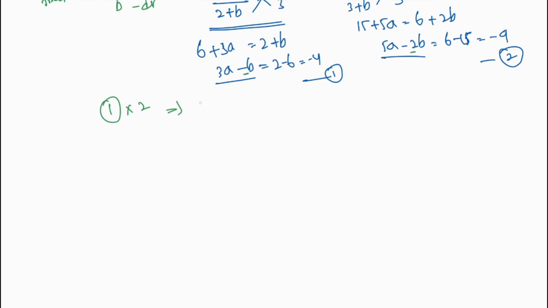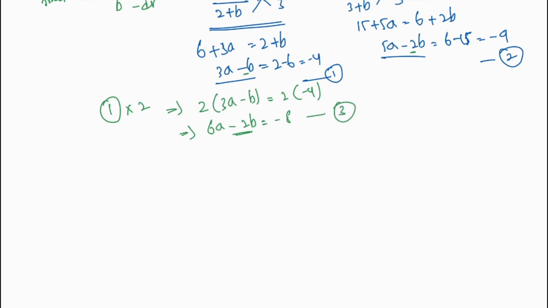We will get 2 into 3a minus b is equal to 2 into -4. We get here 6a minus 2b is equal to -8. Now the coefficient of b is the same in this equation and in the second equation.